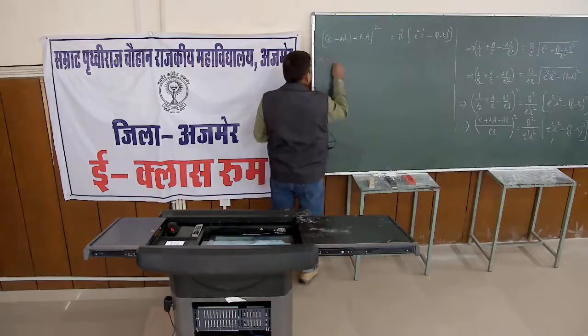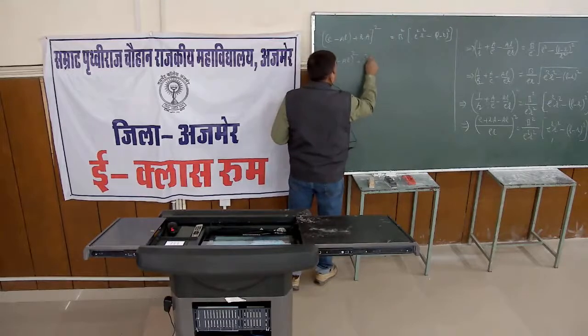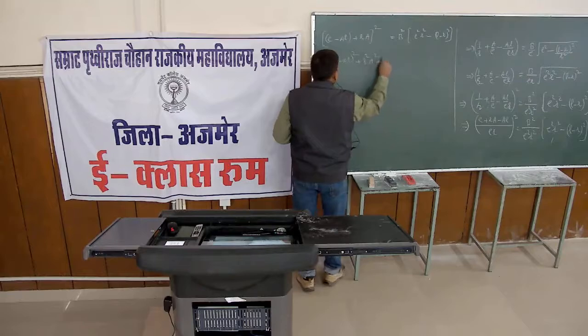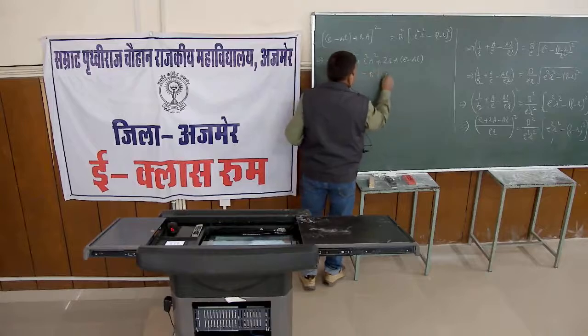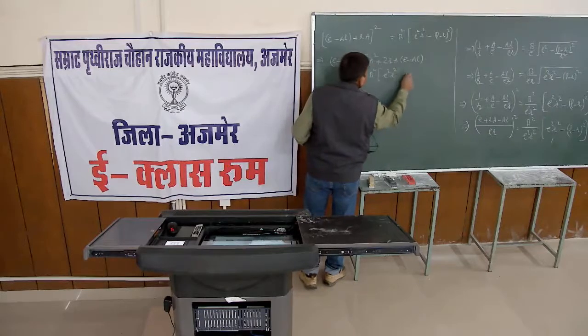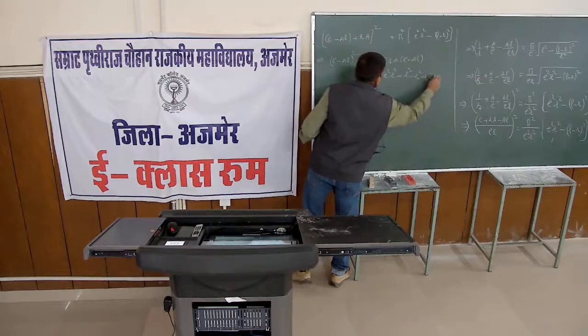So this is a minus al whole square plus r square a square plus 2ra times e minus al equals to b square e square r square minus l square minus r square plus 2lr.